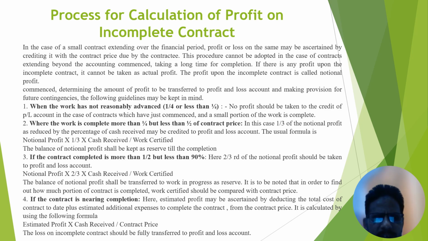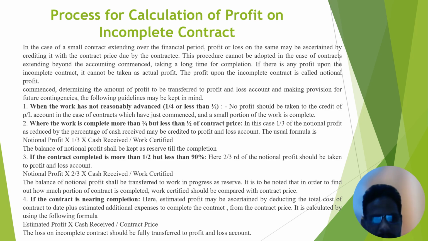Usually for this we use this formula for the amount transferred to profit and loss account. The formula is notional profit multiply 1/3 multiply cash received divided by work certified. By using this formula, we can calculate the amount transferred to profit and loss account.